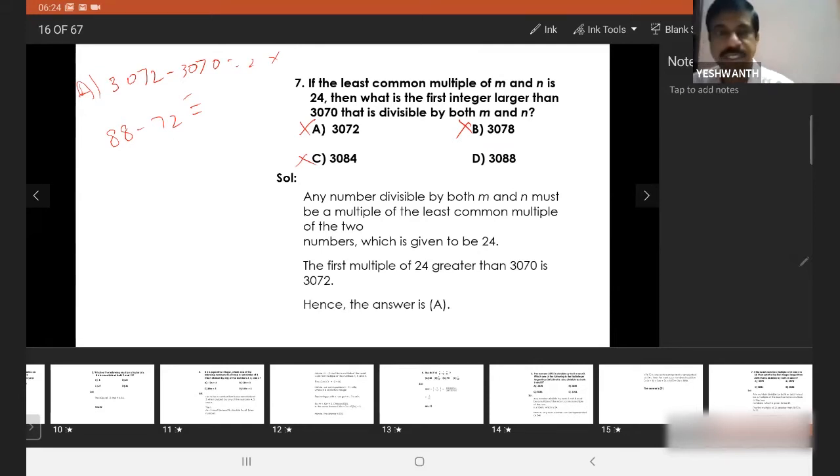Let us reread the question. If the least common multiple of m and n is 24, then what is the first integer larger than 3070 that is divisible by both m and n?